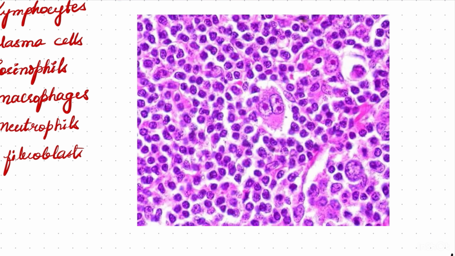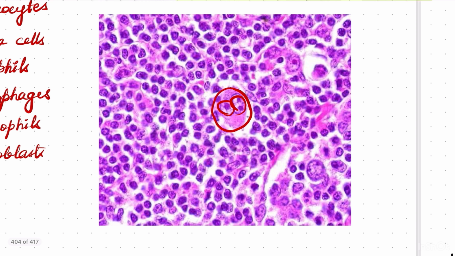This image is the histopathology image of Hodgkin lymphoma. Here you can visualize this characteristic large cell. It is a lymphoid cell, a B cell, and it has two nuclei, which are mirror images of each other.